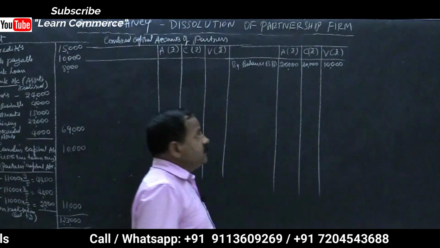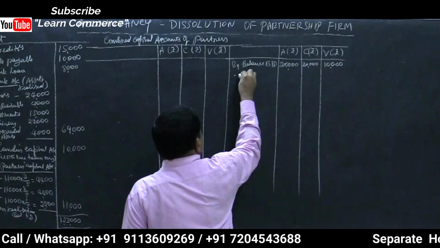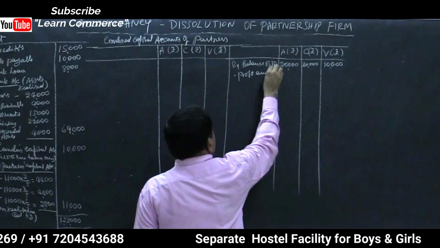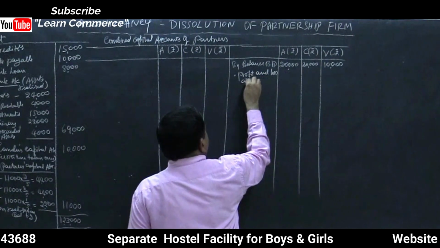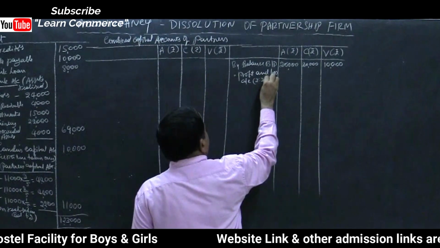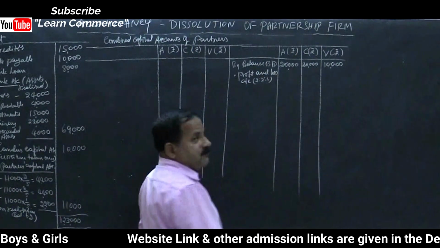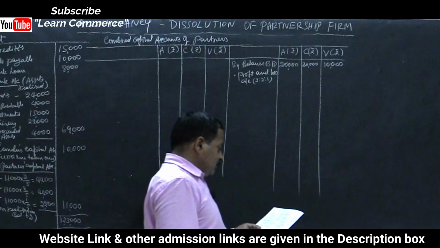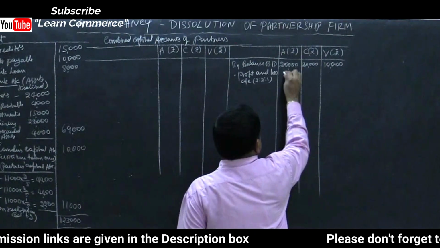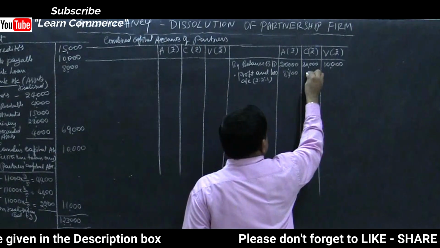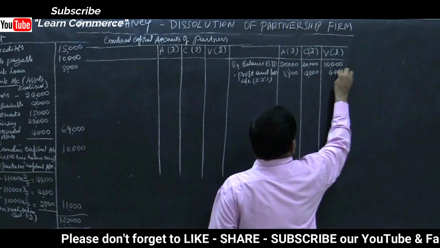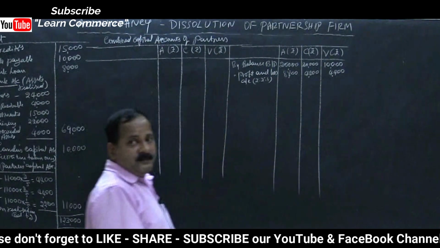It is distributed among the partners, credited to them by profit and loss account, in the ratio 2:1, right? Write the amounts: 8,800, 4,400 and 4,400. Yes.